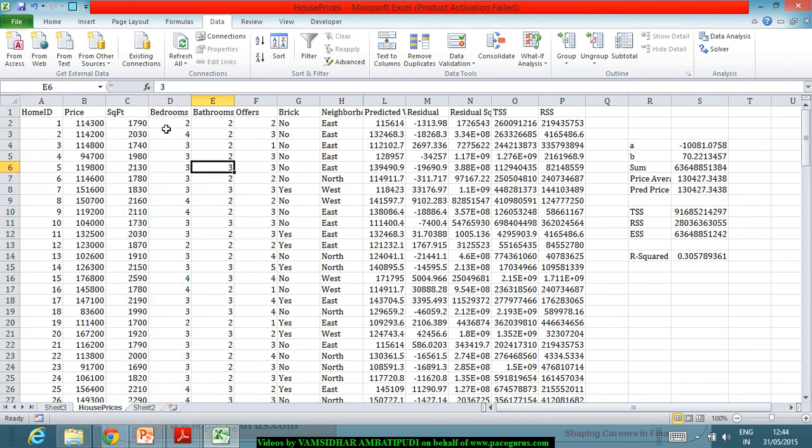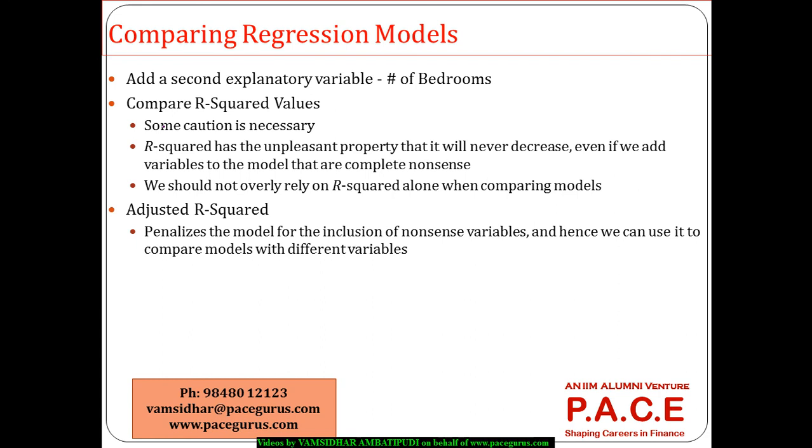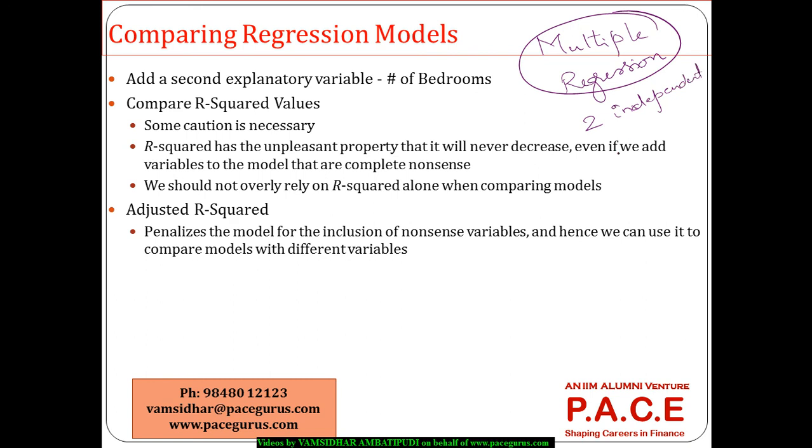Now this is where I am actually switching to a model called multiple regression. What is this multiple regression for me? I am primarily looking at two independent variables. Right? Wherever I am looking at more than one independent variable, more than one predictor variable, we are talking about multiple regression.